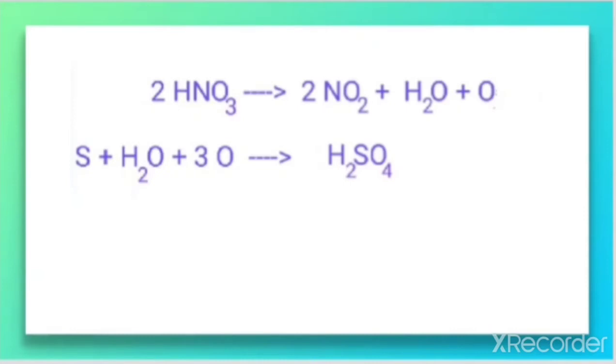It gets cancelled when there is an equal number of O on both equations. But when you check it, it is not equal. If 3 oxygen will be there, then it can be easily cut out.